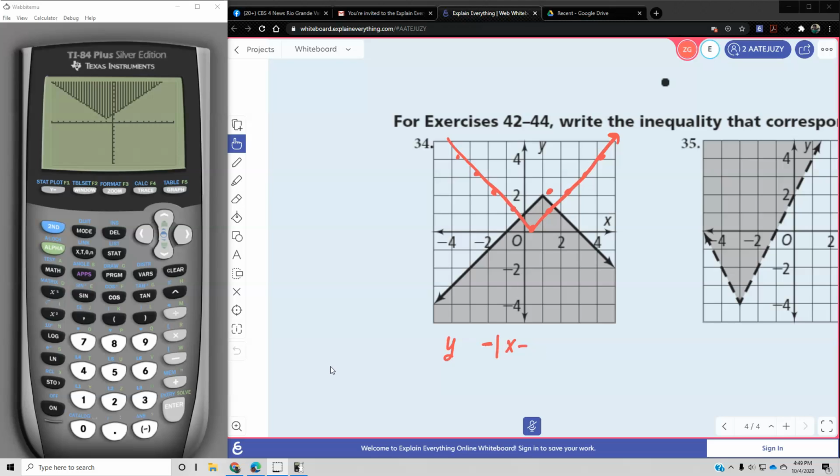So it's x minus 1, and then it shifts up 2 units. And it is equal, since I know it's a solid line, and it's shading down, so it's less than. So it's going to be y is less than or equal to. The negative means it reflects it. The minus 1 shifts to the right, and the plus 2 shifts up. So that is the inequality.